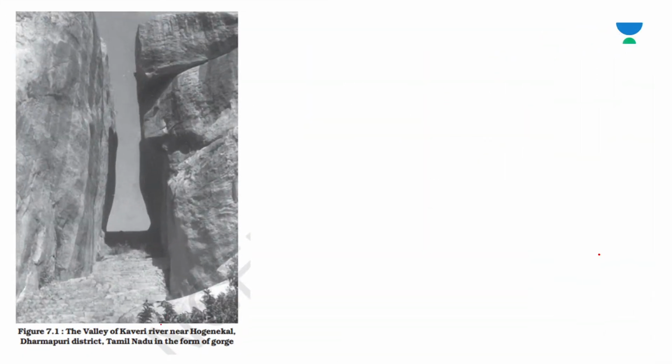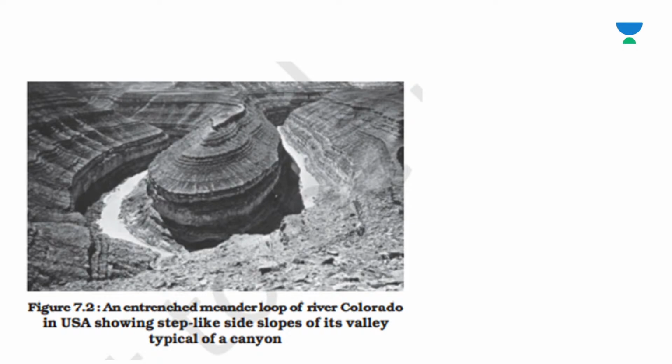The valley of Kaveri river near Hogenakkal, Dharmapuri district of Tamil Nadu. Then the entrenched meander loop of River Colorado in USA.